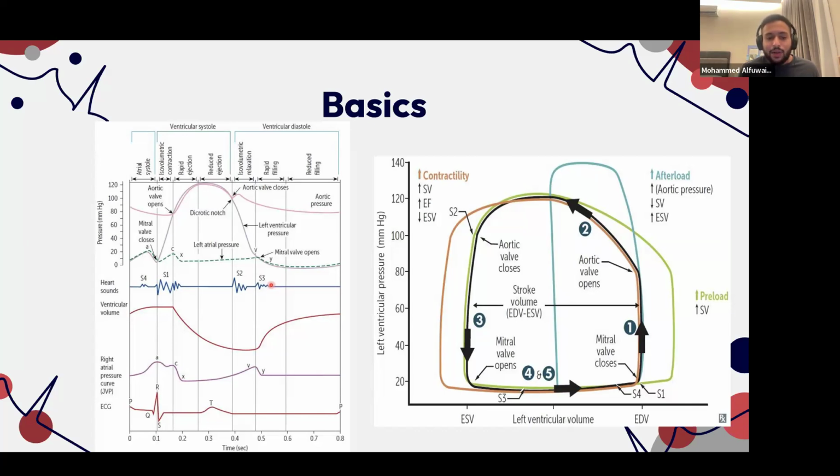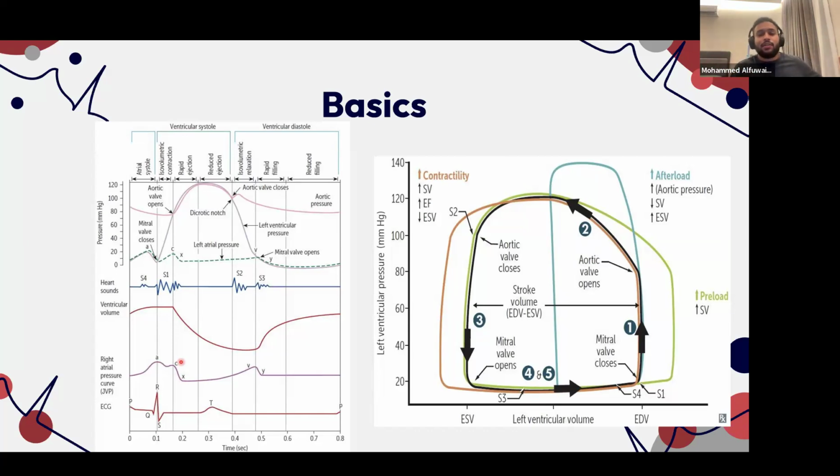The other thing is right atrial pressure changes, which is this JVP curve. A is showing you the atrial contraction before the tricuspid valve closes. C is the closure of the tricuspid valve when you have ventricular contraction.